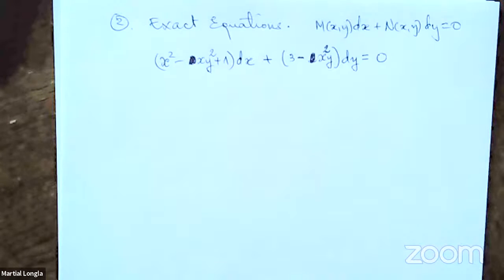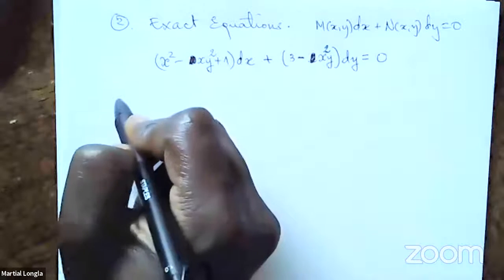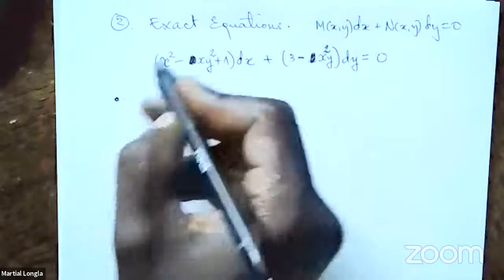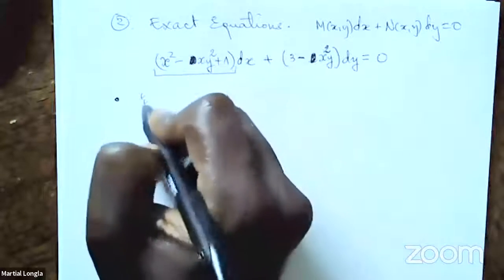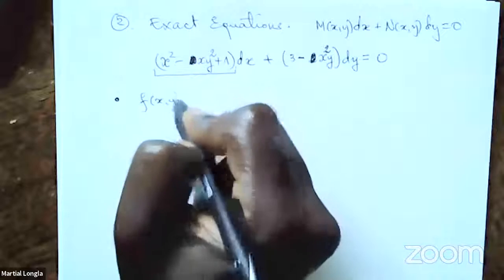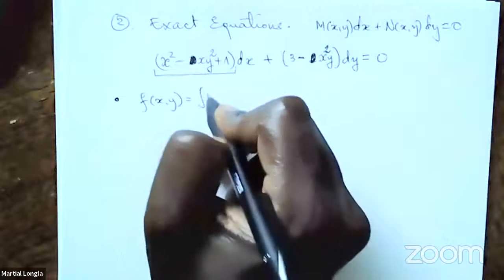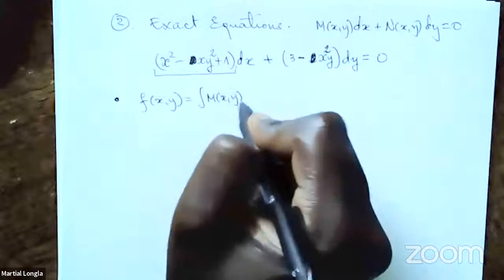And we have a problem like this, and I claim it's an exact equation and you need to solve it. What do you need to do? The steps are as follows. One, integrate M with respect to x: f of x,y equals the integral of M of x,y dx.